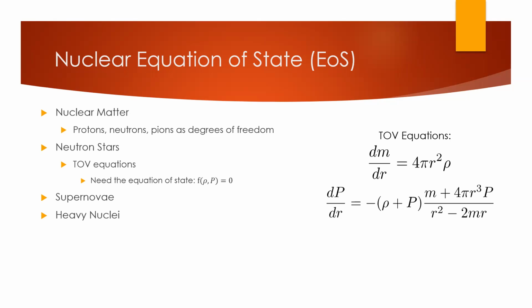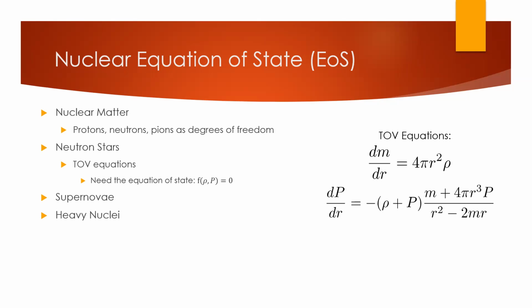And by using the equation of state, we can relate some of the unknown variables in these equations. So here rho is just the nucleon density, P is the pressure, and if we have an equation which easily relates those two, we can numerically solve these differential equations and build the structure of the neutron star outwards from the center, and totally solve for the structure of the neutron star.